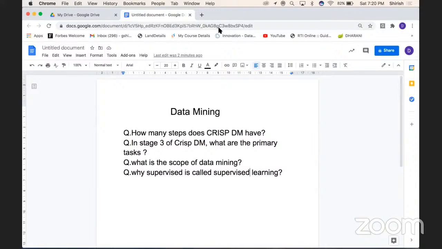Now, my question would be, how do you evaluate an unsupervised learning technique output? In supervised learning, you're doing predictions and you have methods to find out whether they are correct or not. But when you don't know what pattern you have got, how do you evaluate that?